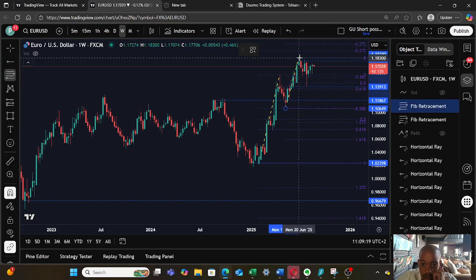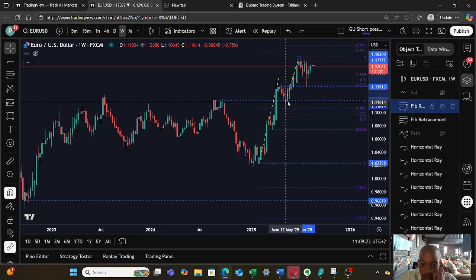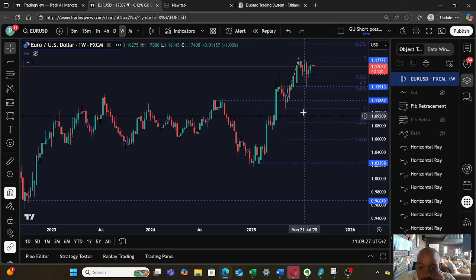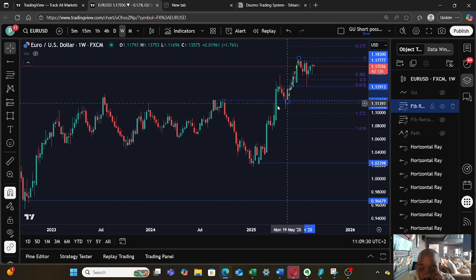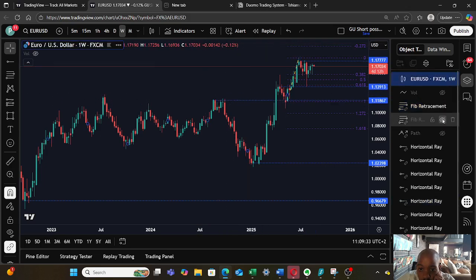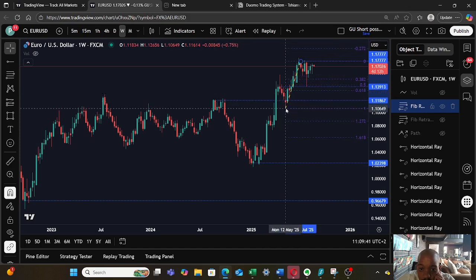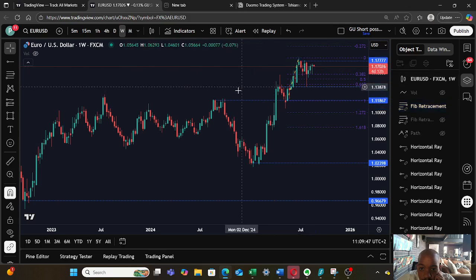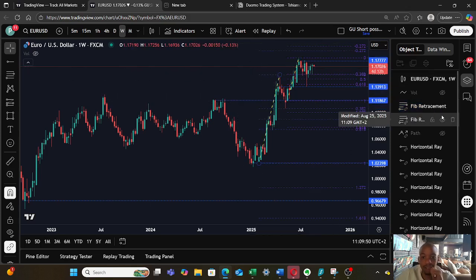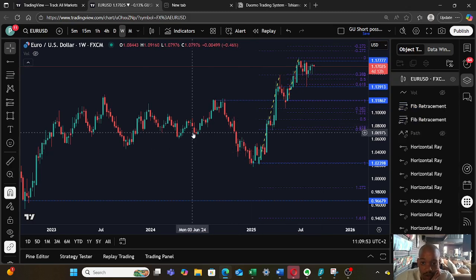Let's see if we get another Fibonacci here. Okay, I'm just going to hide this Fibonacci so that I don't get confused. Let's see, do we have confluence? No confluence. Nope. Yeah, we've got all these different Fibonaccis now, which makes the overall situation a lot trickier.